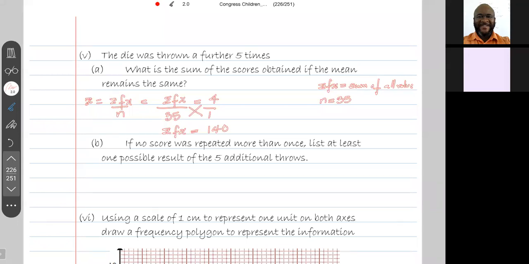The mean remains the same because the sum of the 35 throws is 140. That is what it is saying. Let me ask you guys, before the additional 5 throws, the sum was 120. After the additional 5 throws, the sum is now 140. What would be the sum of the 5 additional throws? Anybody?